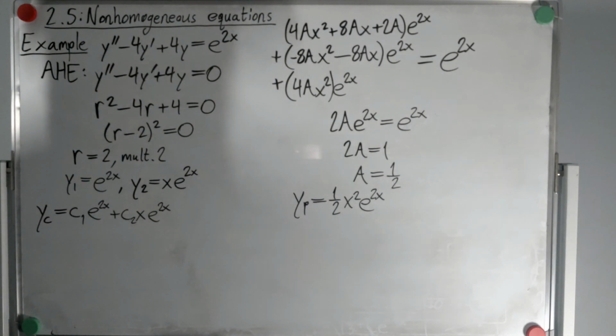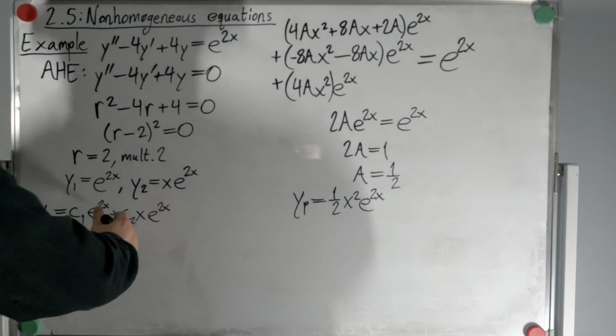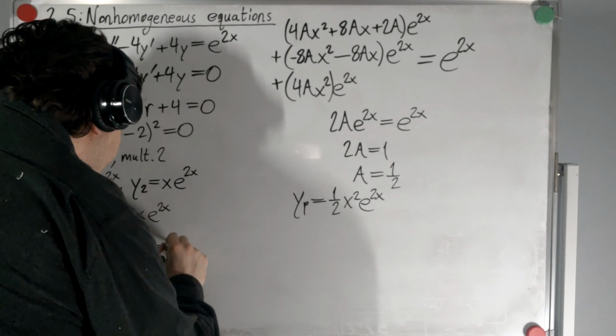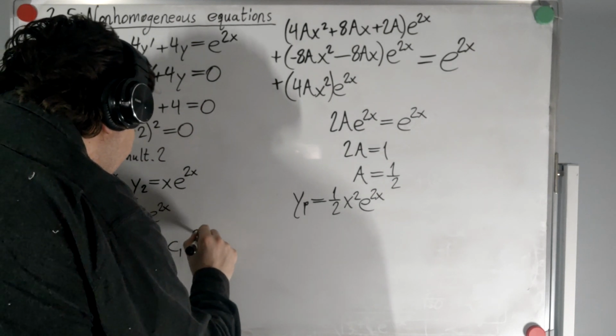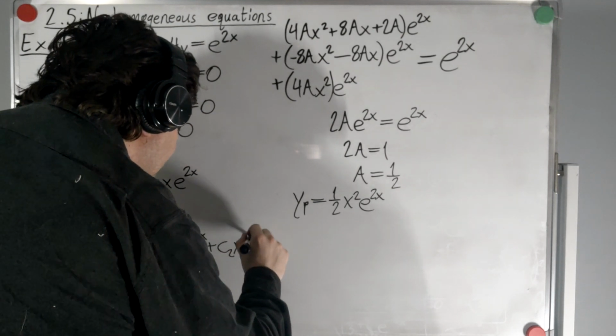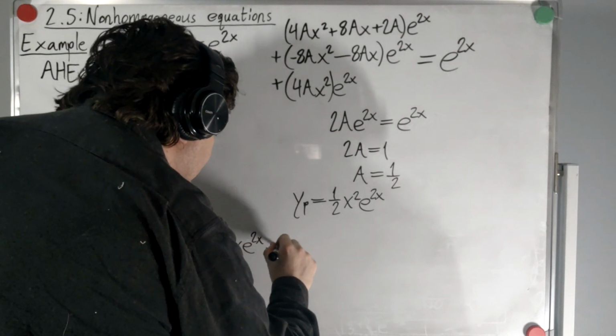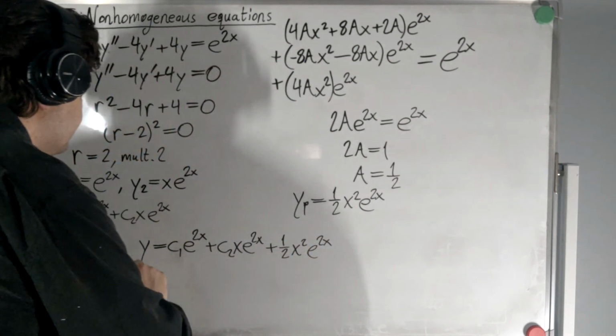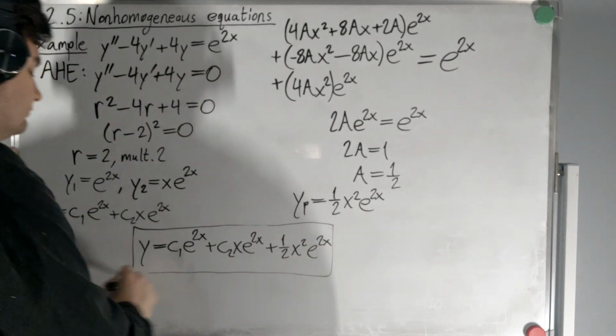Okay? And so now, as in the previous lecture, to find the general solution, you just add together the complementary family and the particular solution. So we have this. And that's our answer.